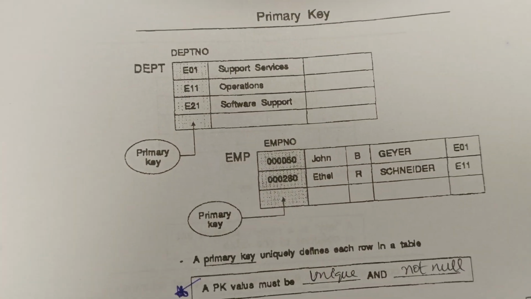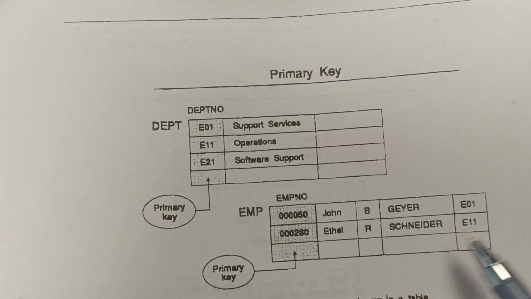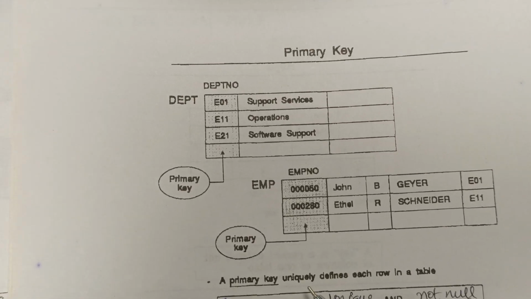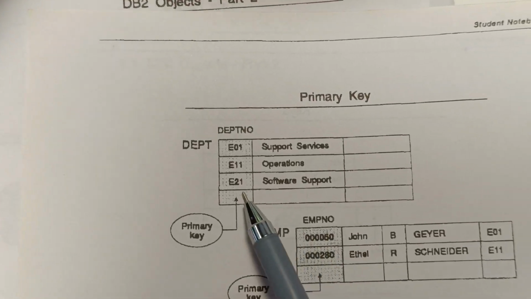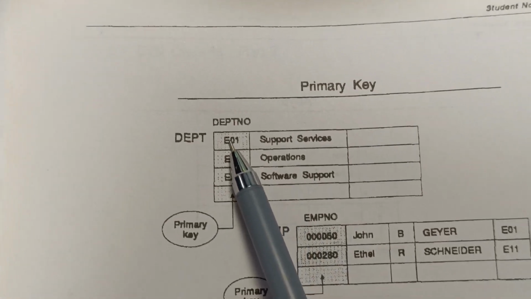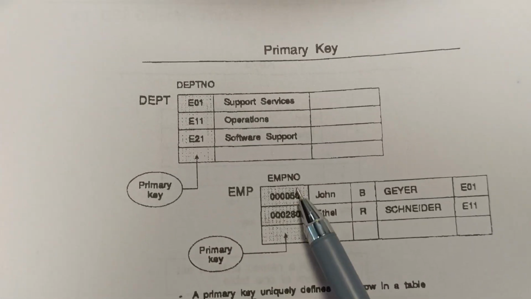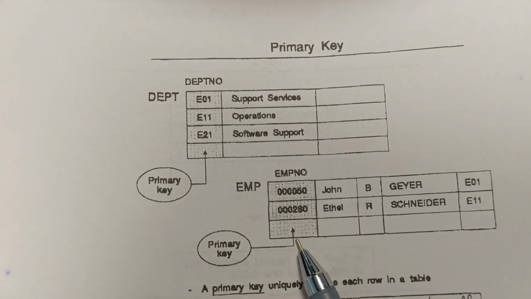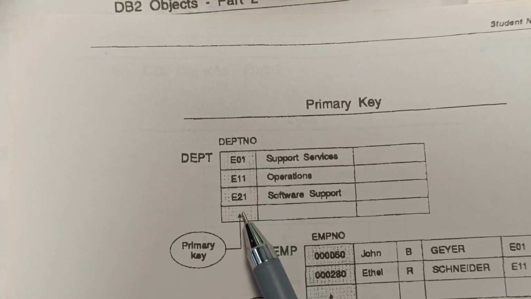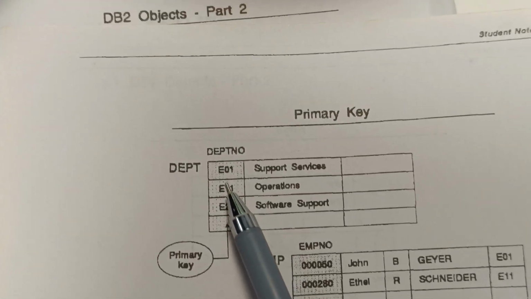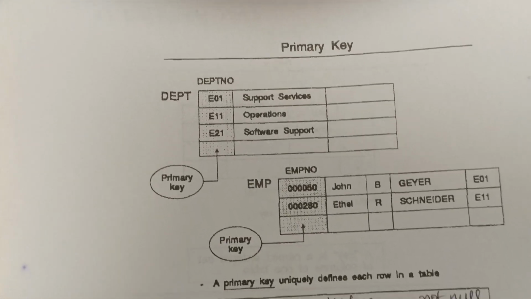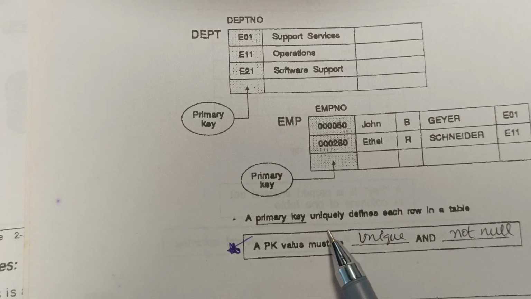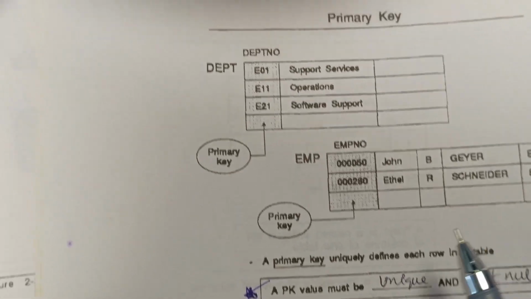Based on the sample diagram here, you can see how to identify the primary key and how to identify the foreign key. This is the employee table with employee number, and this is another table, the department table. In the employee table this is the primary key, and in the department table this is the primary key. A unique key identifies the row, and that is called a primary key. You can see the definition: a primary key uniquely defines each row in the table.